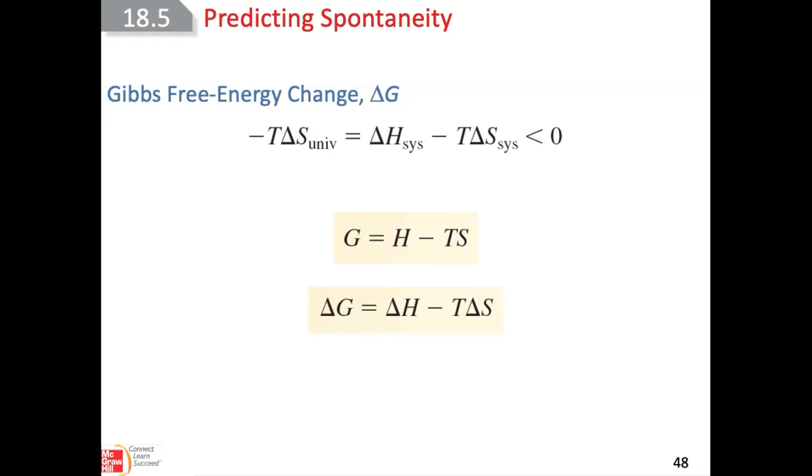For the reaction to be spontaneous, or happen by itself without any outside intervention, the sign of delta G has to be negative. If delta G has a negative sign, the reaction will happen spontaneously. If delta G is positive, then the forward reaction is not spontaneous, but the reverse reaction is.